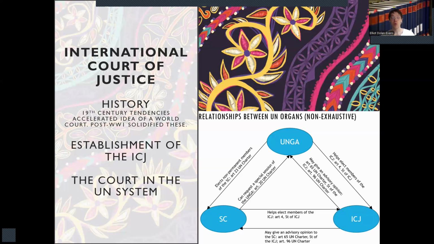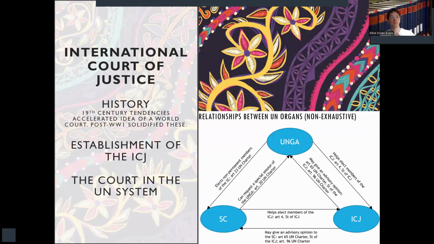And importantly as well, Article 92 of the UN Charter says that the statute of the court, which is something we will go into more detail soon, forms an integral part of the present Charter.